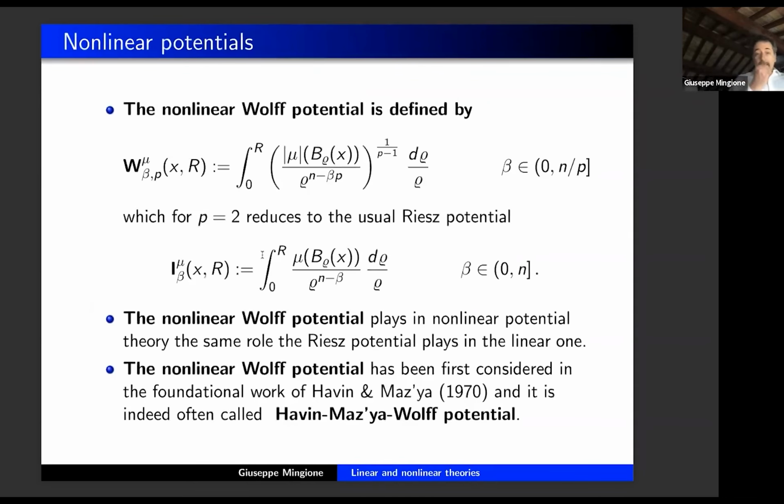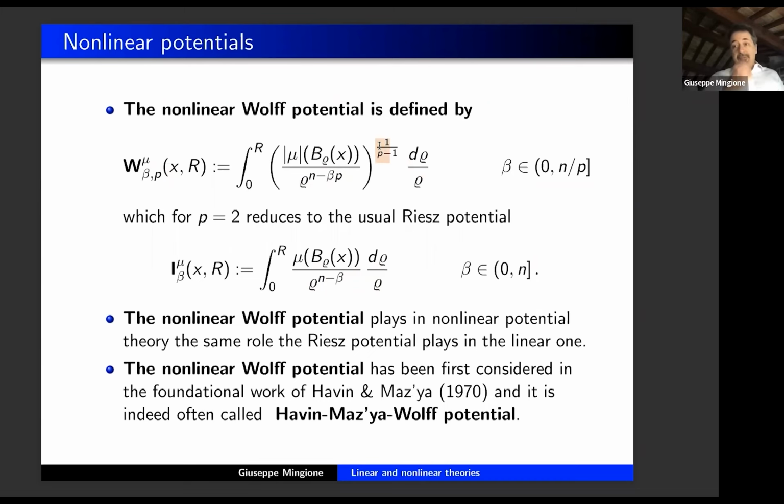When you pass to the nonlinear case, the orthodoxy of so-called nonlinear potential theory, which is the theory that replaces linear potential theory in the nonlinear case, is the idea of using so-called nonlinear Wolff potentials. Nonlinear Wolff potentials are exactly like the Riesz potentials, but they do incorporate the scaling deficit of the equation.